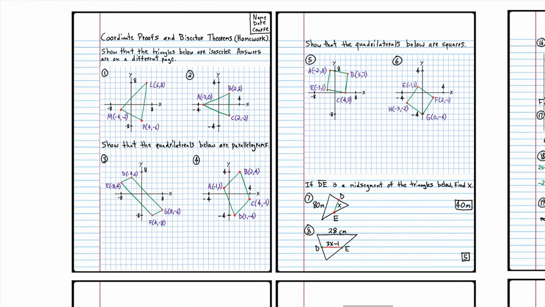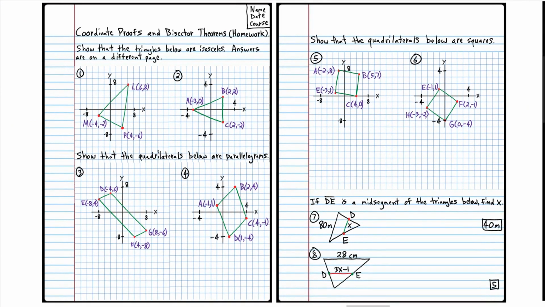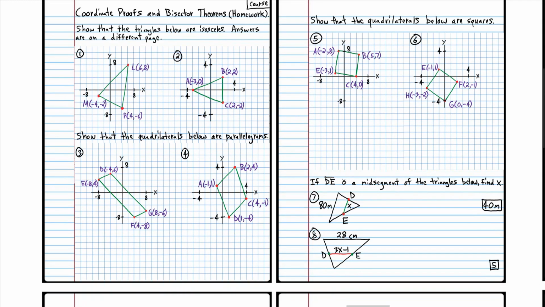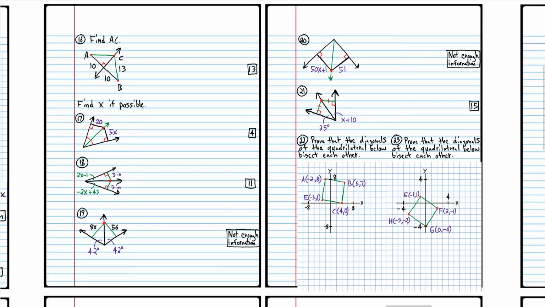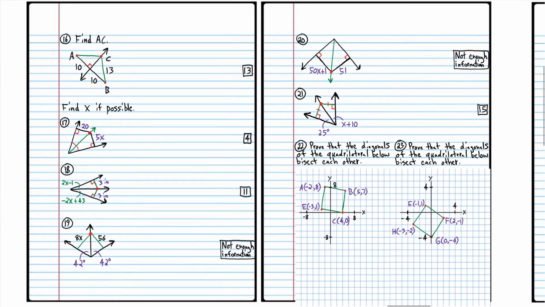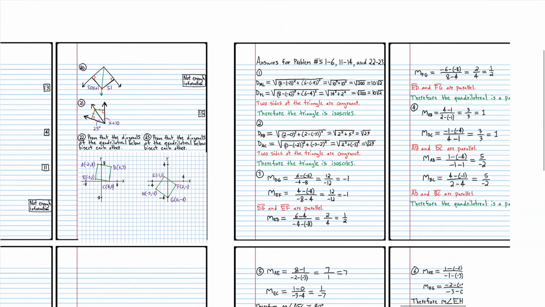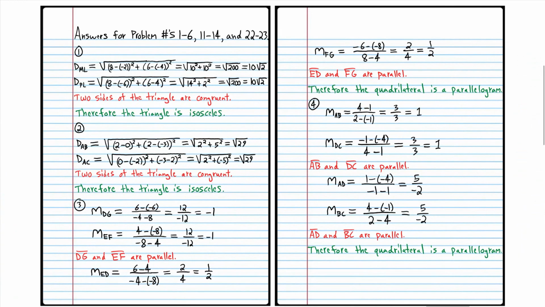All right, now let's look at the homework. Get a screenshot of these first 2 pages and a screenshot of the 3rd and 4th pages, the 5th and 6th pages. And don't go before you get the answers for numbers 1 through 6.